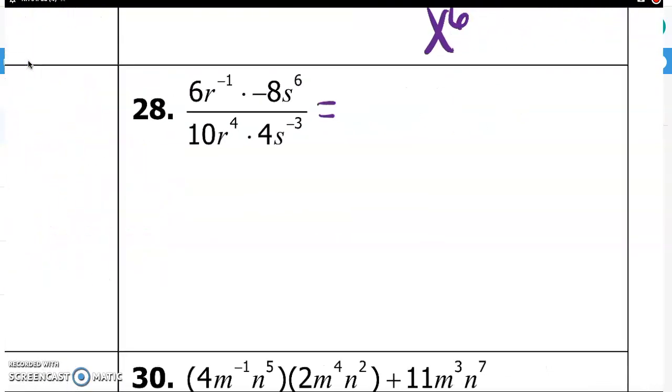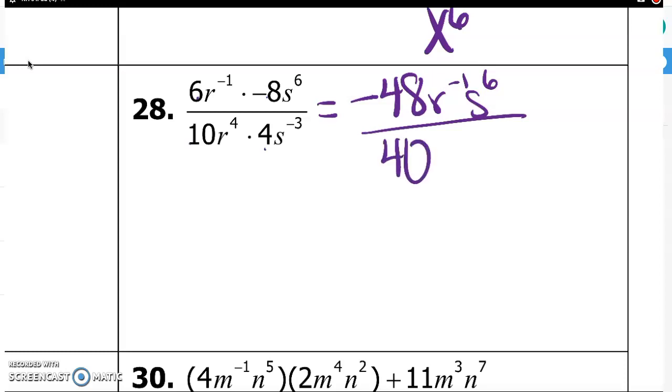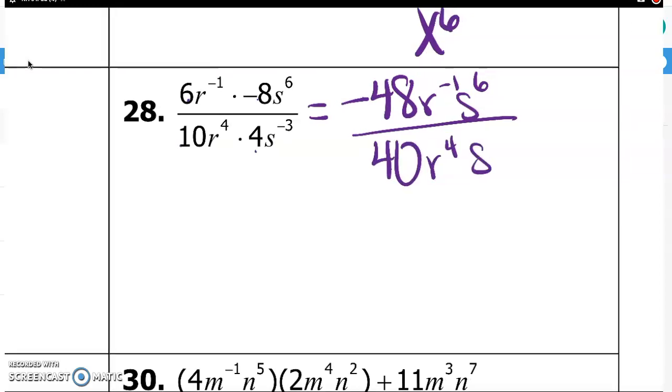So for 28, you're going to multiply 6 times negative 8 is negative 48, r to the negative 1, s to the 6th, over 10 times 4 is 40, r to the 4th, s to the negative 3rd. So we need to simplify negative 48 over 40. 8 goes into both of those, so negative 6 over 5.